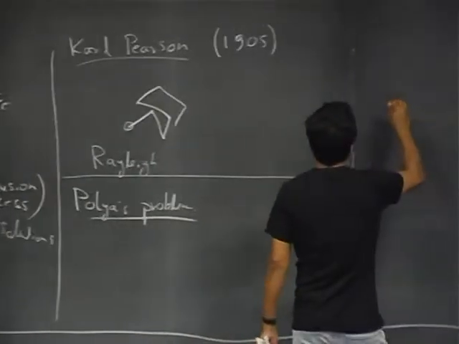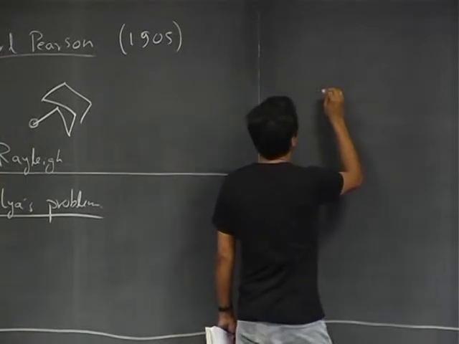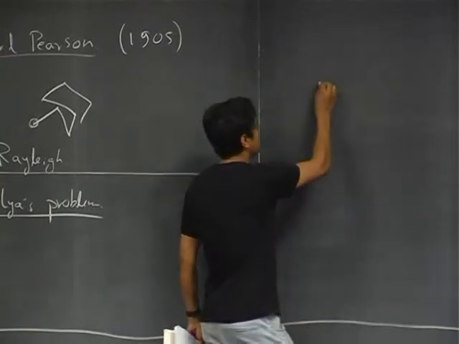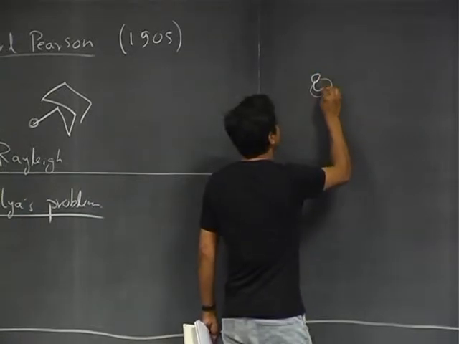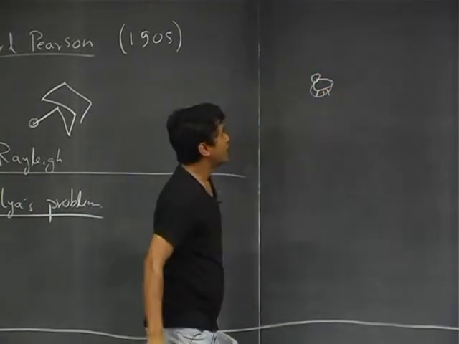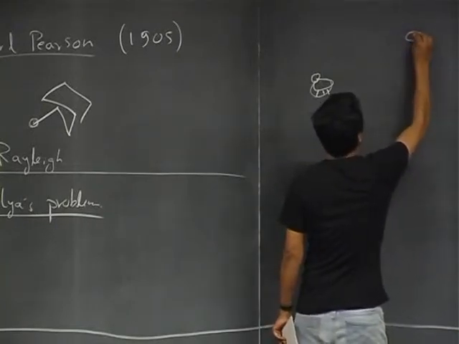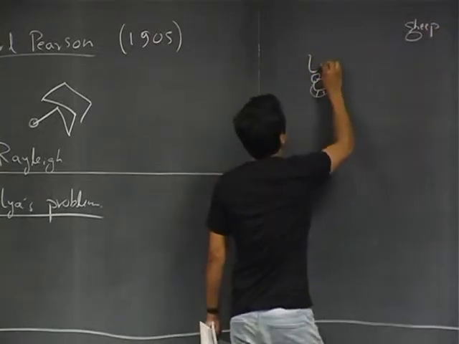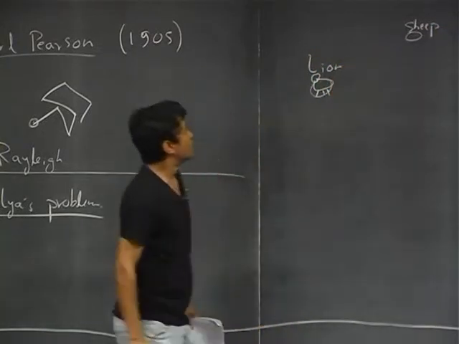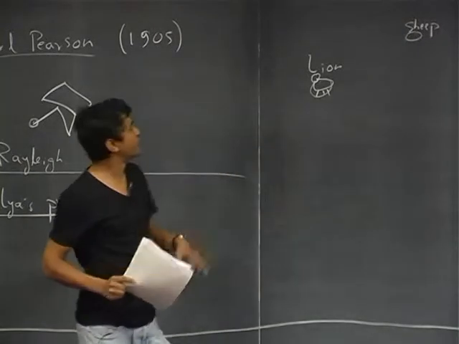Supposing there's a forest, and there's a lion here, and there's some sheep here. This is a huge forest, and we'll assume it's infinite.